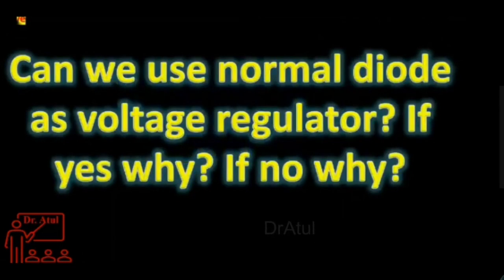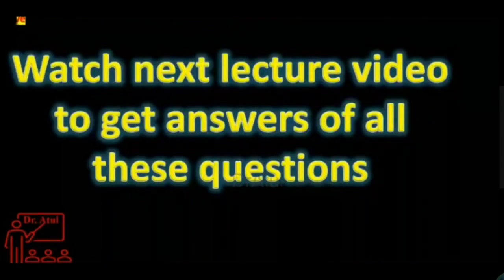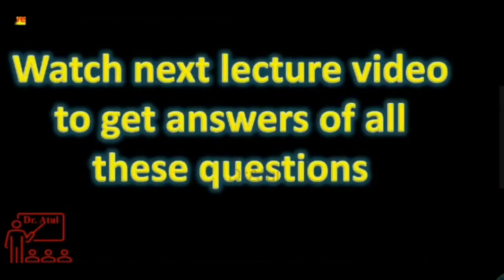Can we use a normal diode or rectifier diode as a voltage regulator? And if no, we cannot use it, then why can we not use a rectifier diode as a voltage regulator? Watch the next lecture, next video, to get answers to all these questions. I will explain these questions in the next lecture.